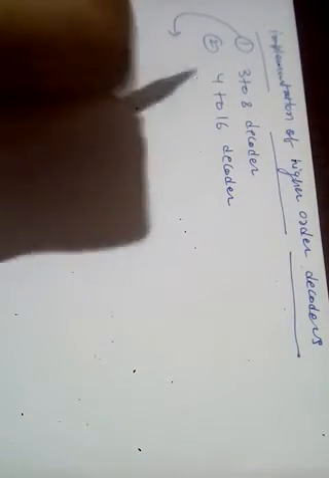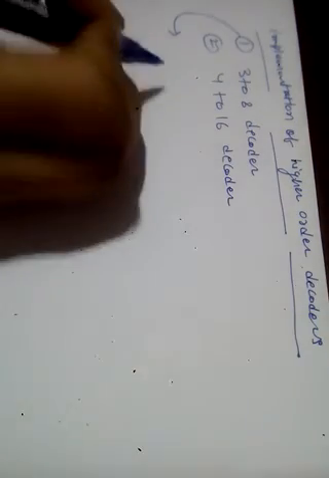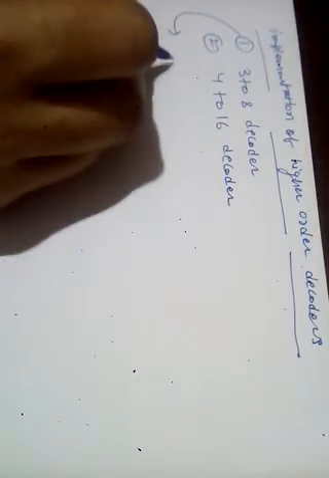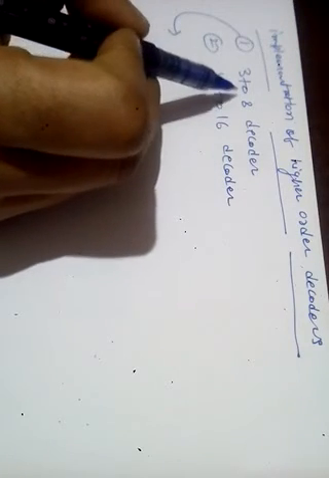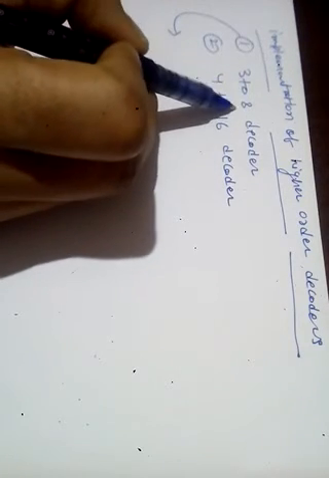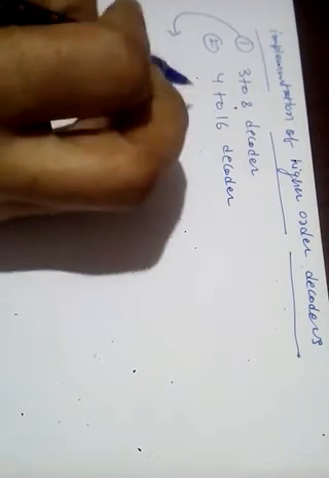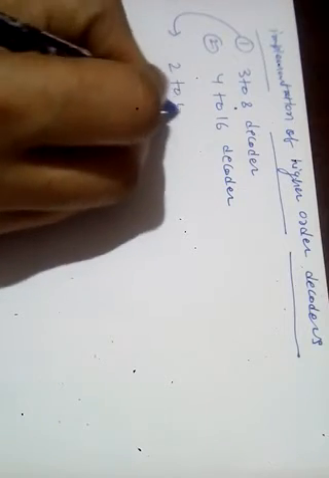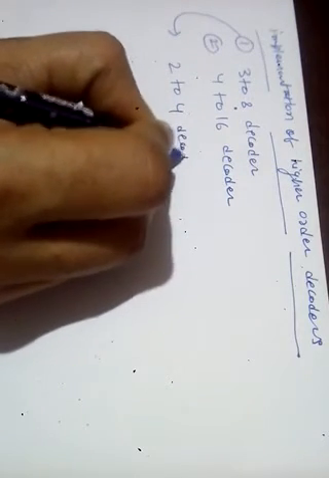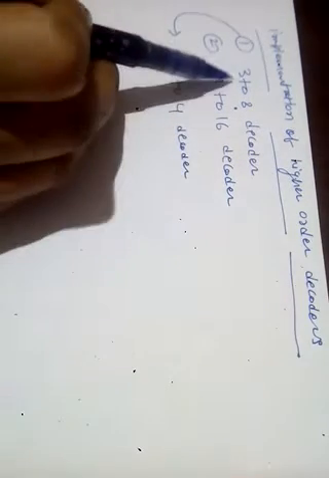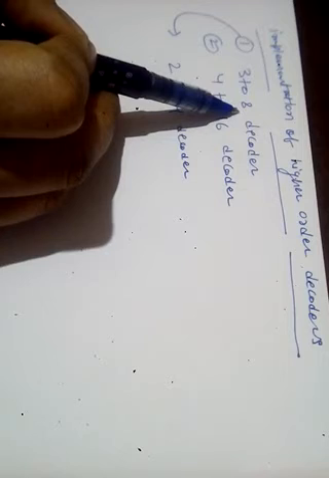For the 3 to 8 decoder, since we are implementing this decoder using lower order decoder, we are going to use a 2 to 4 decoder to implement this higher order decoder, that is 3 to 8.